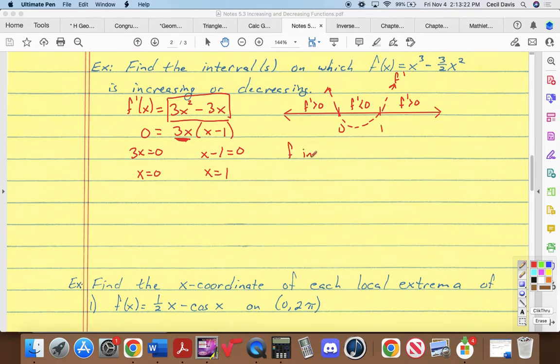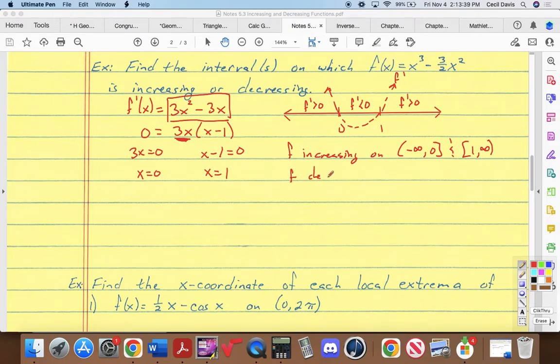f is increasing on the interval from negative infinity to 0, and again from 1 to infinity.